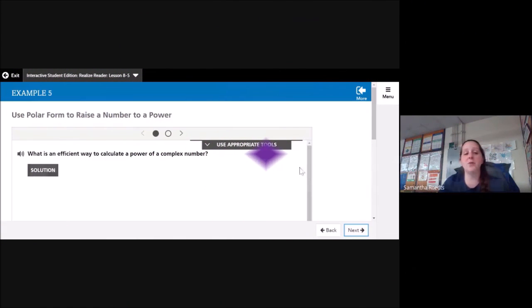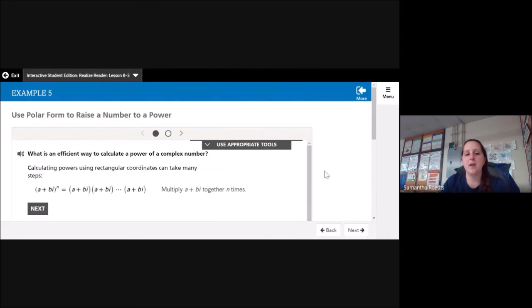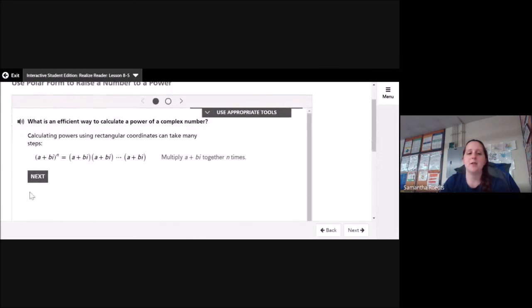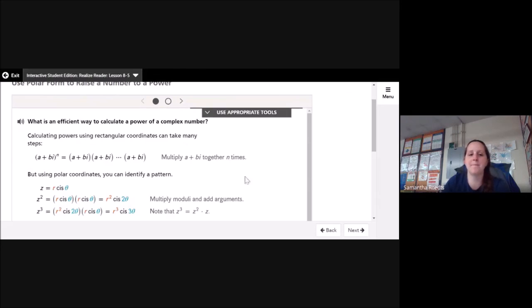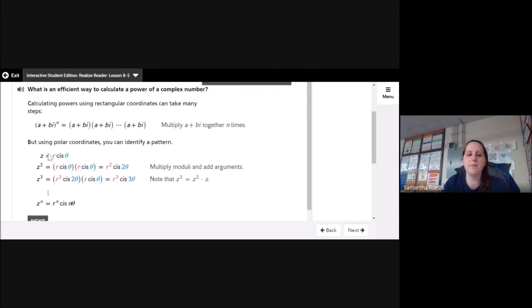All right, example 5, use polar form to raise a number to a power. What is an efficient way to calculate a power of a complex number? Calculating powers using rectangular coordinates can take many steps. So a plus bi to the nth equals a plus bi times a plus bi until you get a plus bi. I'm multiplying a plus bi together n times. By using polar coordinates, you can identify a pattern.